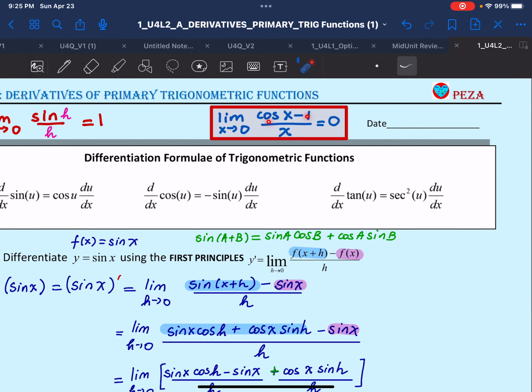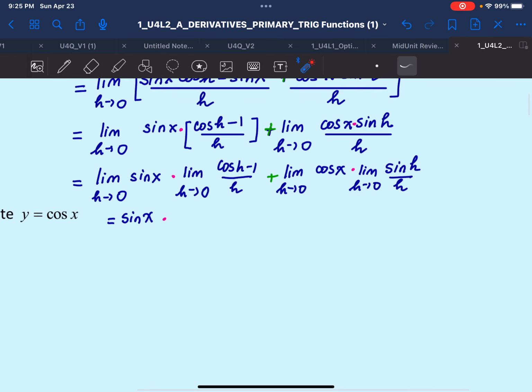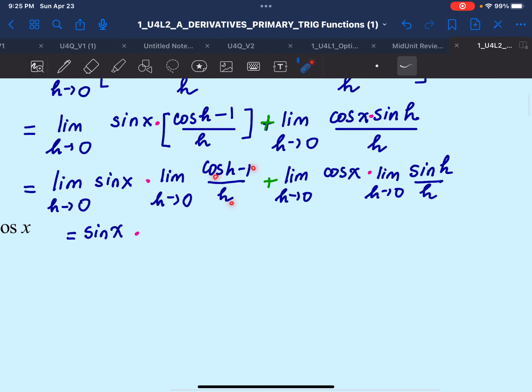So cos x minus 1 over x is 0. Therefore cos h minus 1 over h equals 0, so multiplied by 0. And then we have plus the limit as h approaches 0 of cos x equals cosine x, for the same reason as sine of x that we explained in here.